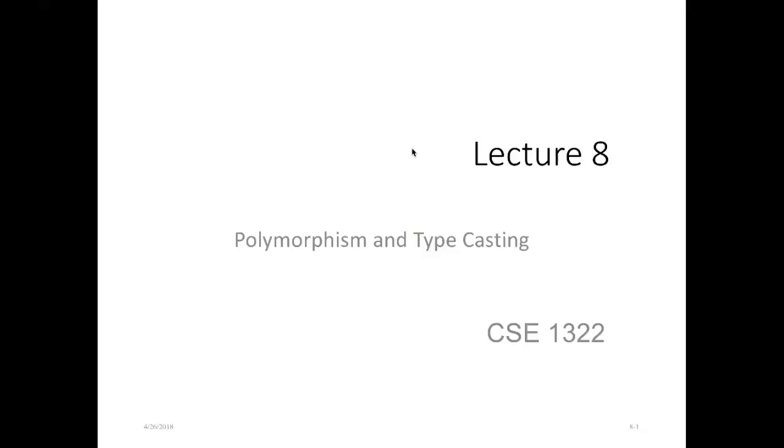By using typecasting, a parent class reference can use properties of the subclass. So in our last class and this class, we are discussing how to remove or improve the limitations of inheritance.